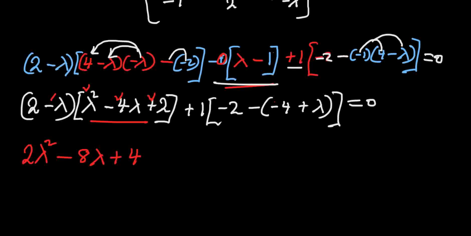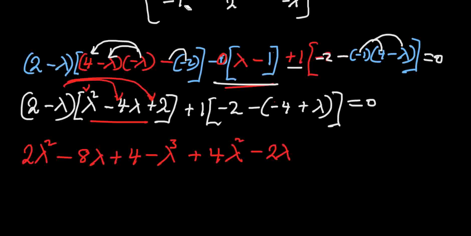Negative lambda times lambda squared will give us negative lambda cubed, and negative lambda times negative 4 lambda will give us positive 4 lambda squared, and negative lambda times positive 2 will give us negative 2 lambda. So we are done with that. So we can simply clean up this.